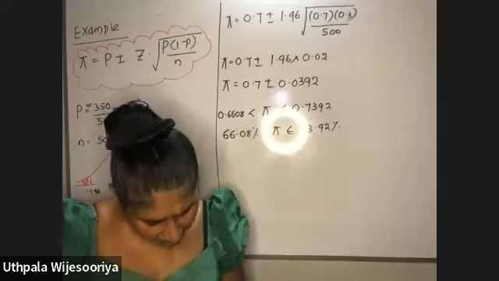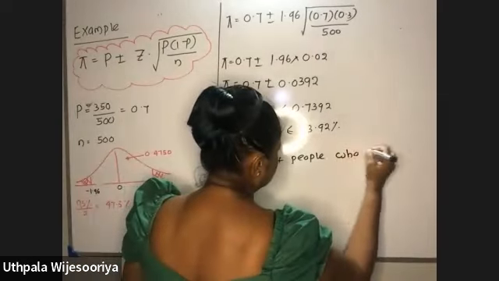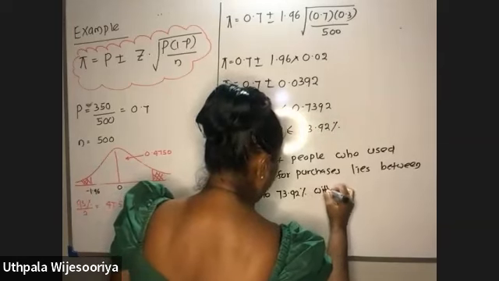So the proportion of people, write your comment: the proportion of people who use credit cards for purchases lies between 66.08% to 73.92% with 95% confidence.